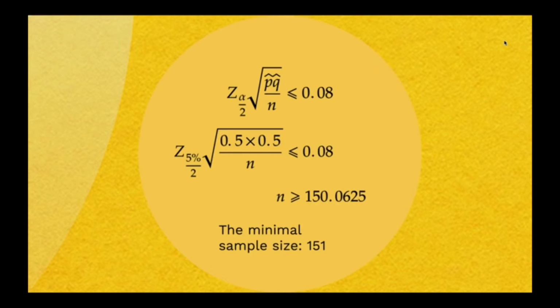Then we apply the data provided in the question, and we solve the inequation that n is more than or equal to 150.0625. We should round up to the next largest integer. So our final answer is that the minimal sample size should be 151.